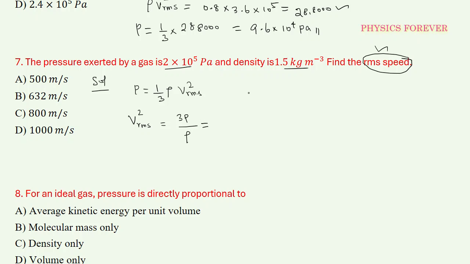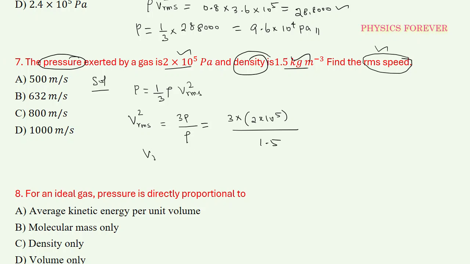Pressure is given as 2 into 10 power 5, divided by the density, which is also given, 1.5.